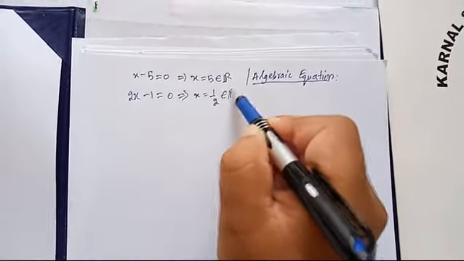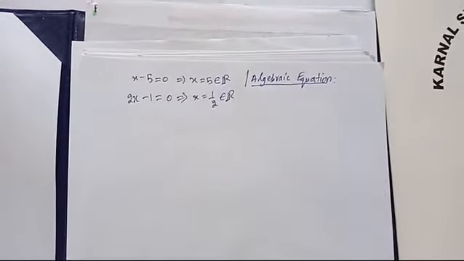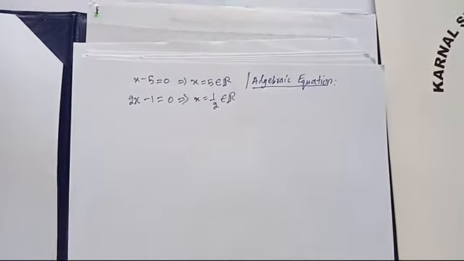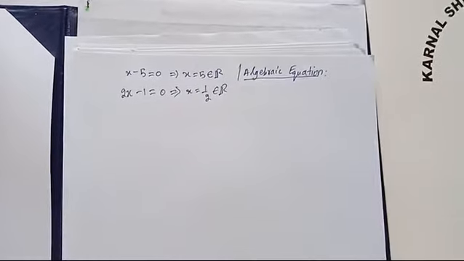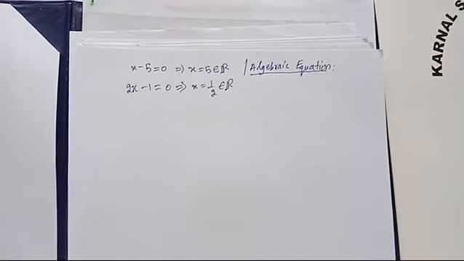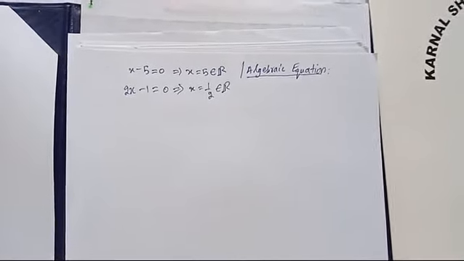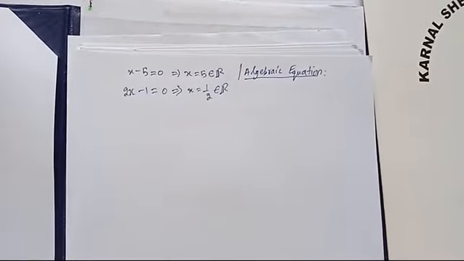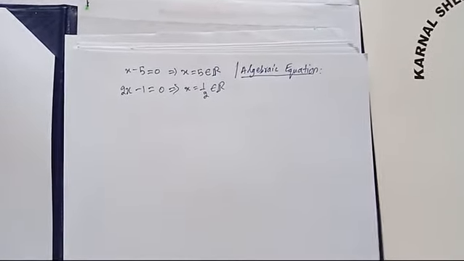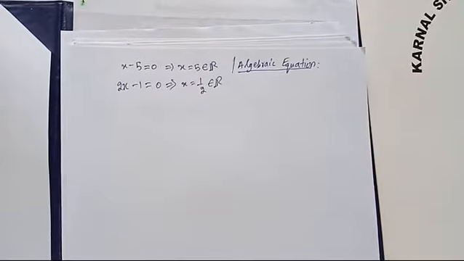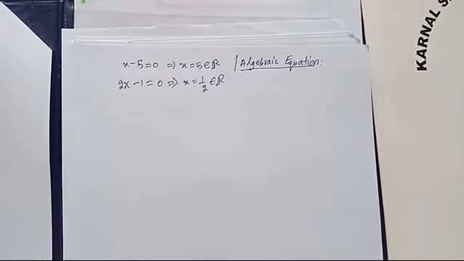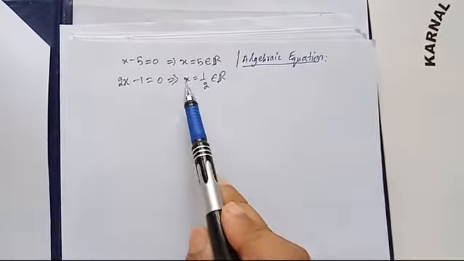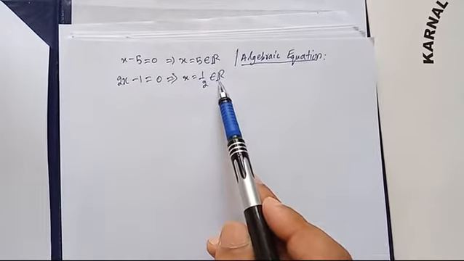This is also a real number. So whenever you solve an algebraic equation, which may be linear, quadratic, cubic, or biquadratic, you must see in which set the answer, meaning the value of the unknown, lies. In this case the values of the answer lie in the set of real numbers.